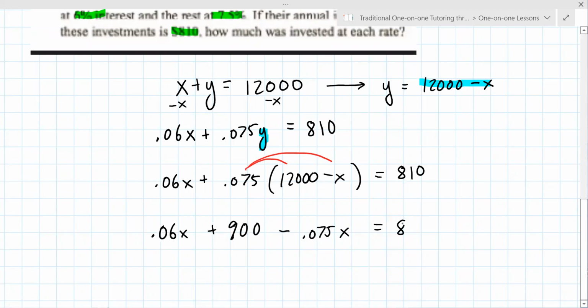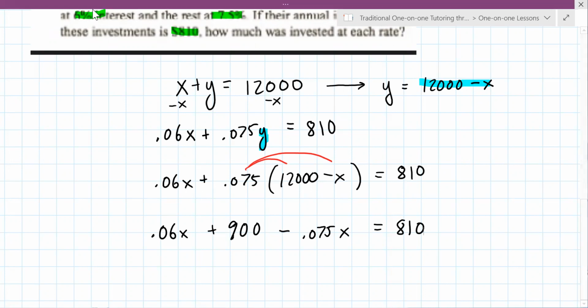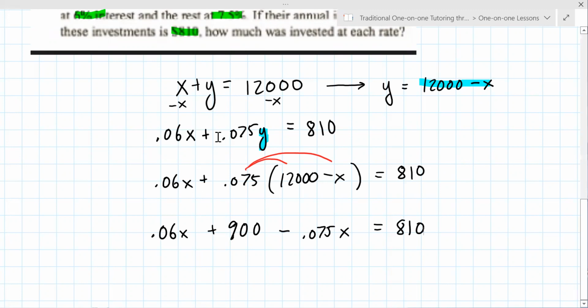0.075x equals 810. Oh, wouldn't the decimal be 7.5? You have to convert percents to decimals, just like you did the 6%. Oh, okay. I just thought it was already a decimal.